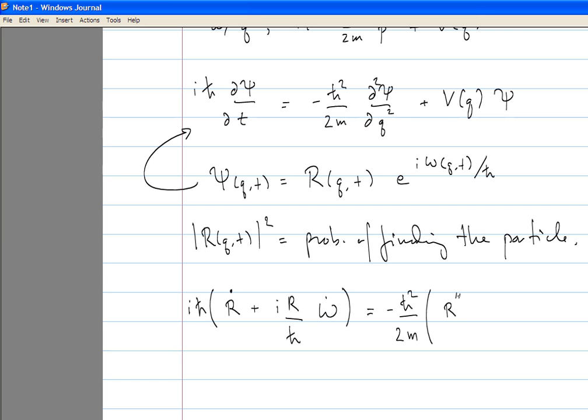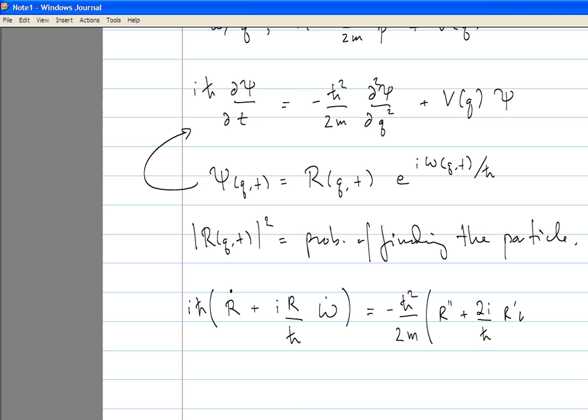There's the terms that arise by taking the, well, let's work that out a little more explicitly. I mean, can we do it in our heads? Let's do it in our heads. So we have a second derivative of r. Then there's the term where you take the first derivative of r, and then you take a derivative of the phase term. So there'll be a 2i over h bar, r prime, w prime.